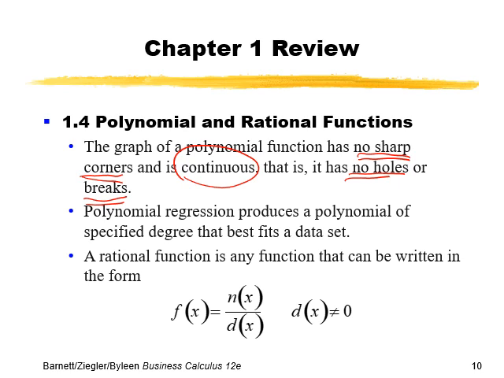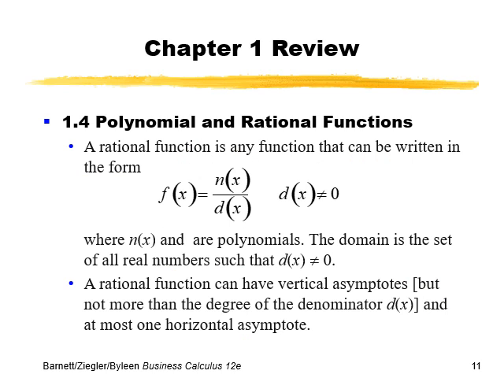A rational function is any function that can be written like this. Basically a fraction. An example would be f of x equals x plus 1 over x squared minus 1. A rational function has a numerator, n of x, and a denominator, d of x, and they are polynomials.